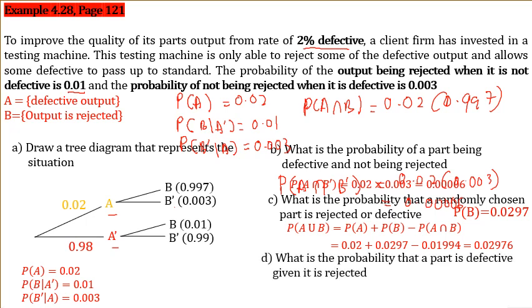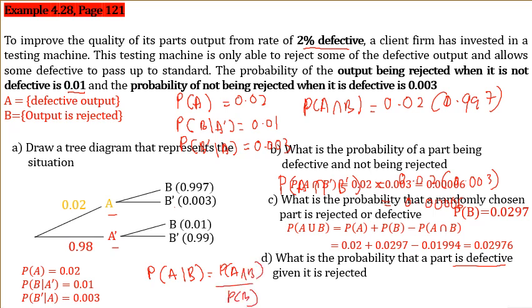Okay, for the D, what is the probability that a part is defective, given it is rejected? So we use the formula P(defective A given rejected B), A given B. So P(A and B) over P(B).